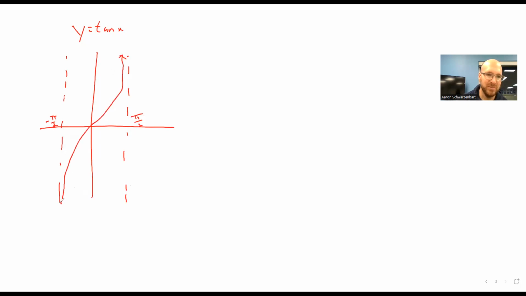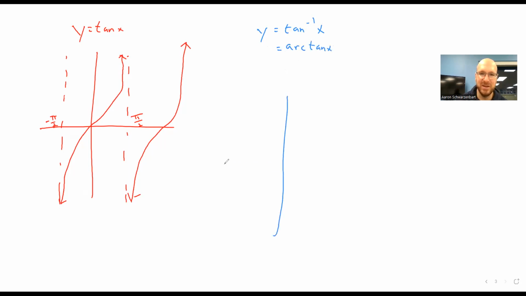With tangent from not repeating itself, you could keep quadrants 1 and 2, but it makes sense to keep this whole piece and not split it up. So we're only going to keep this middle one for the inverse tangent. So tangent of y would have all of those stacked up. Arctangent of x, or inverse tangent of x, is only going to keep that middle one.